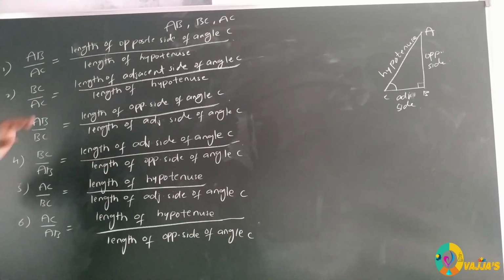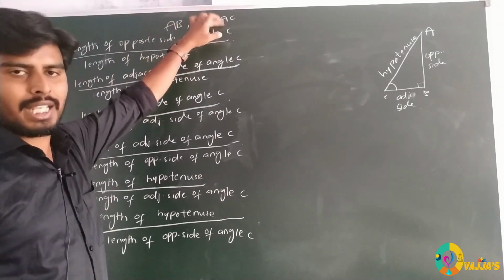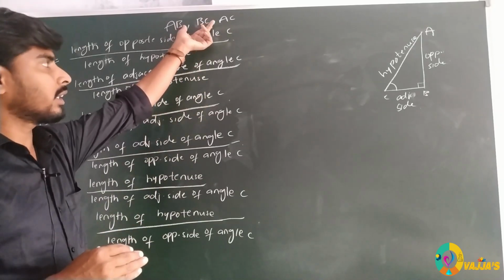So first of all, I am writing the six ratios here: AB by AC, BC by AC, AB by BC, BC by AB, AC by BC, AC by AB. These come from the sides AB, BC, AC. I made the ratios by using these three sides.